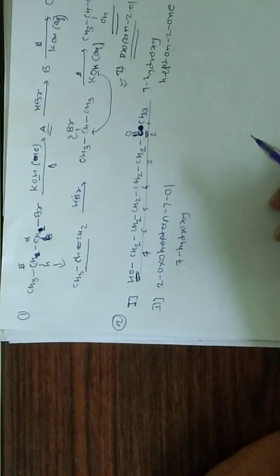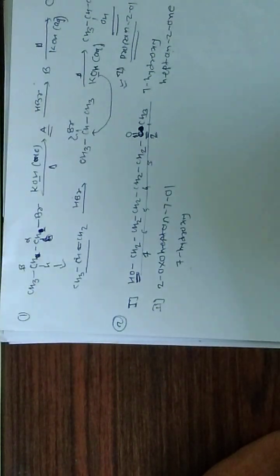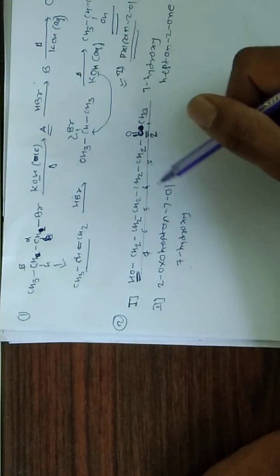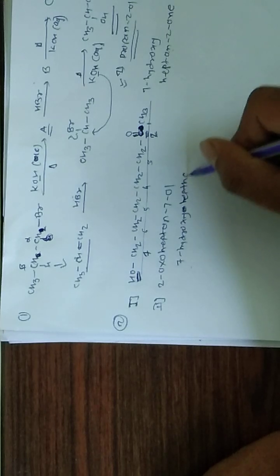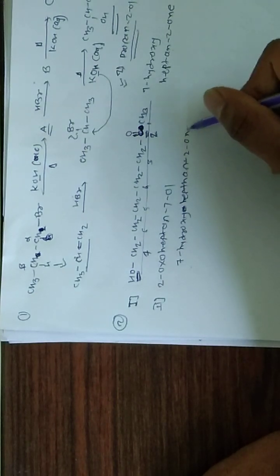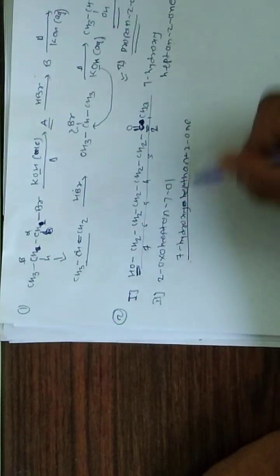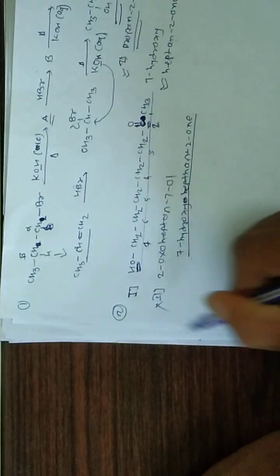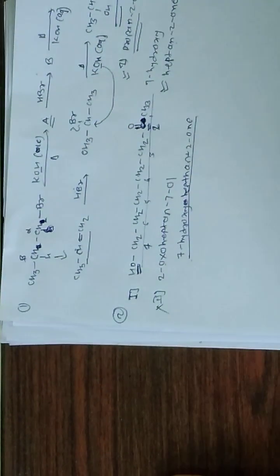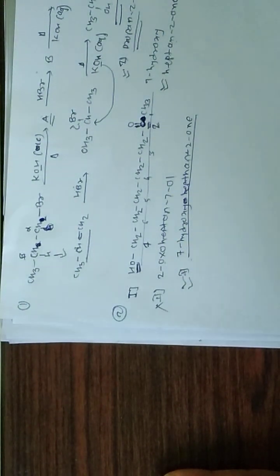Then the functional group with the highest priority is written as the suffix. There are 7 carbons, therefore heptane, heptan-2-one. So the IUPAC name of the given compound is 7-hydroxyheptan-2-one. So the first statement is correct and the second is wrong. Therefore the first option is correct for that question.